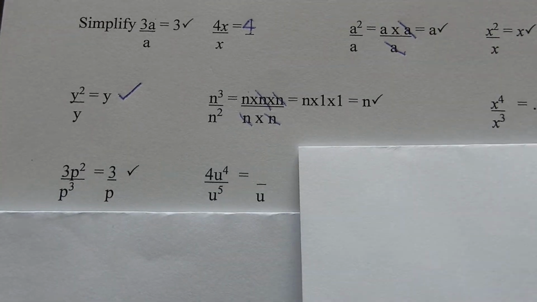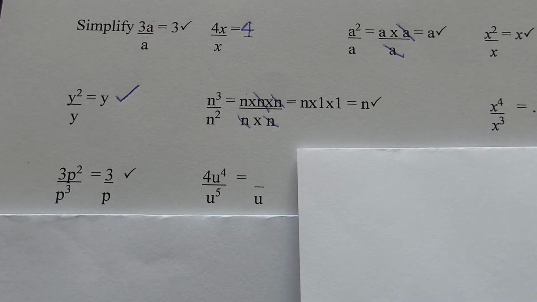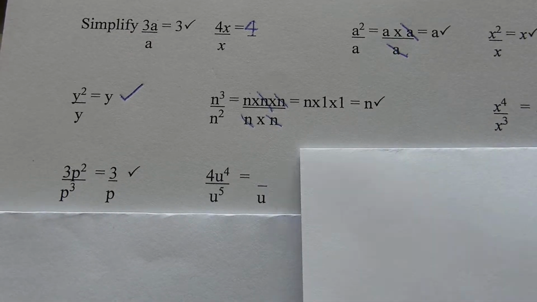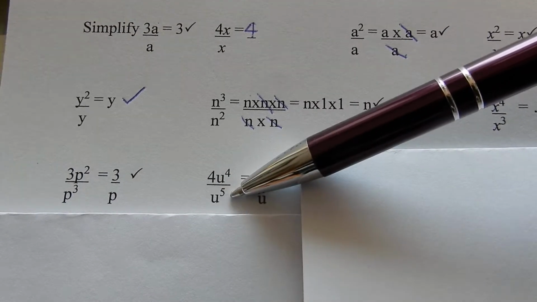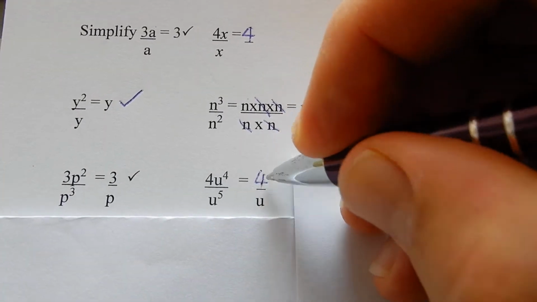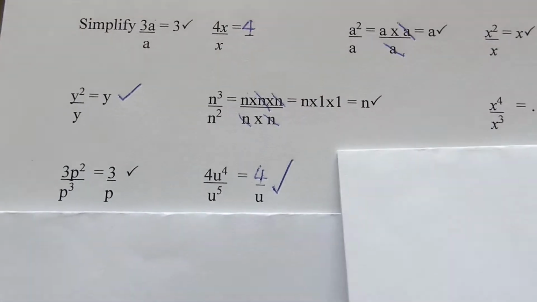And here we've got 4u to the power 4 divided by u to the power 5. Now again, 4u will cancel with 4u, leaving you 1u on the bottom. So that's a 4. Good. Oh, tick. Always good to tick things.